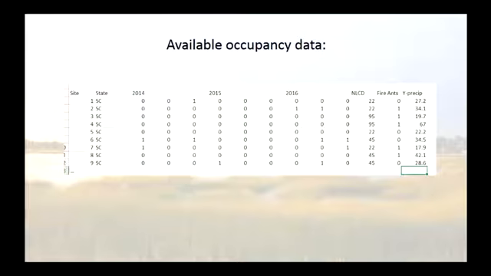Black rails are fortunate in that they are captured under the umbrella of the North American Marsh Bird Survey. They're one of the species targeted on the Marsh Bird Survey, which has been conducted nationwide since 2011.